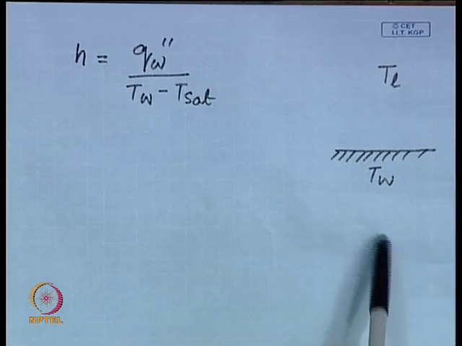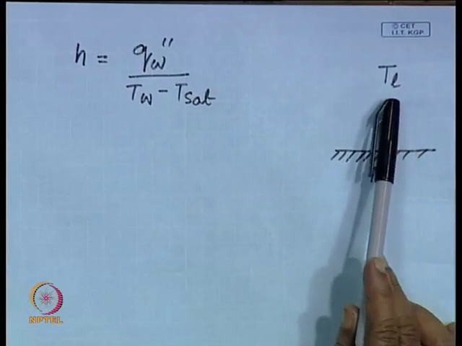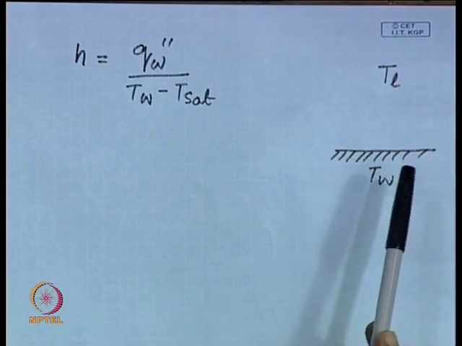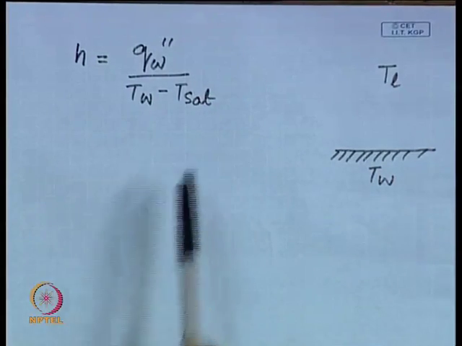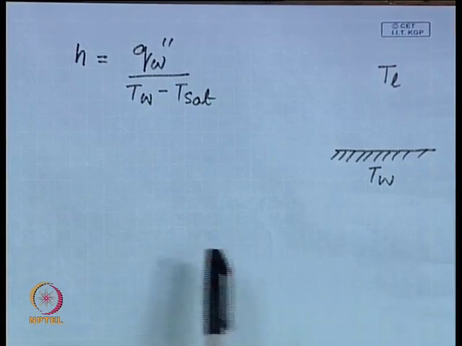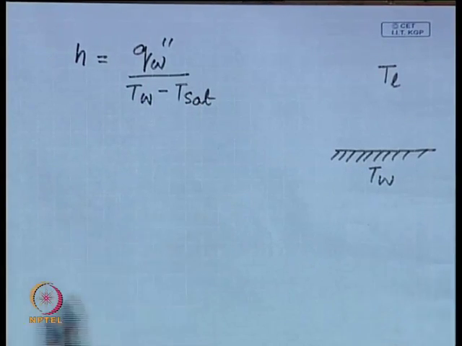So, it is not that dependent on the actual temperature of the bulk of the fluid; rather, it depends on the temperature difference T_w minus T_sat. That is why in the boiling curve also we have represented it by T_w minus T_sat, and in most of the boiling correlations or models, the delta T will be T_w minus T_sat.